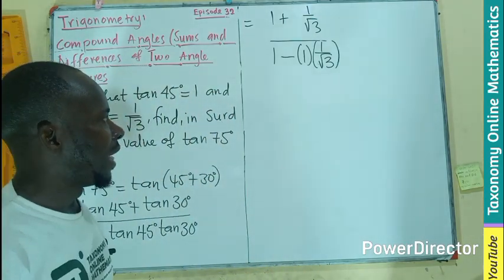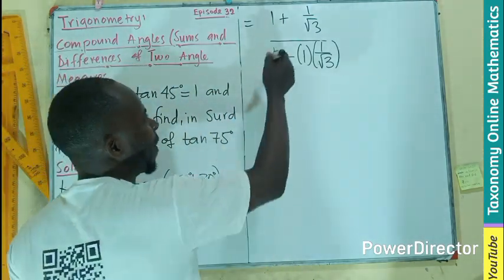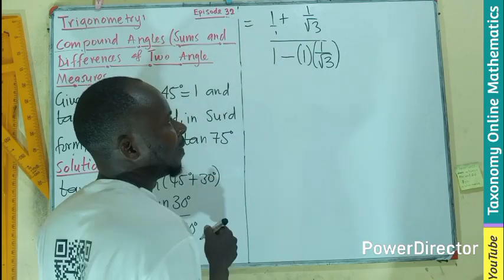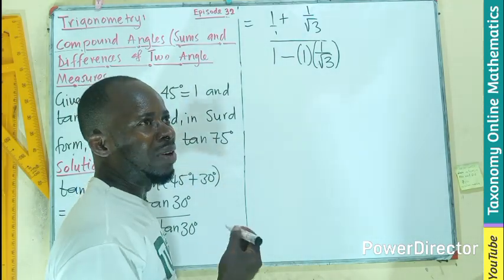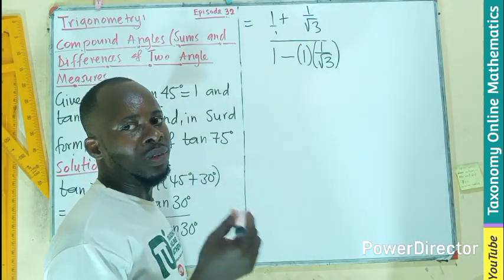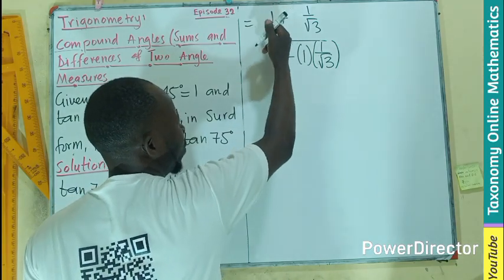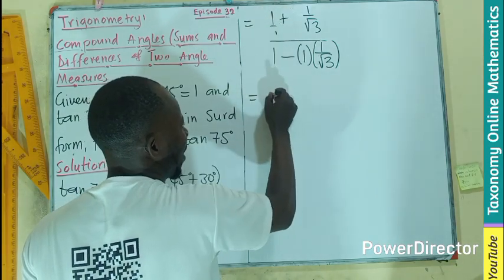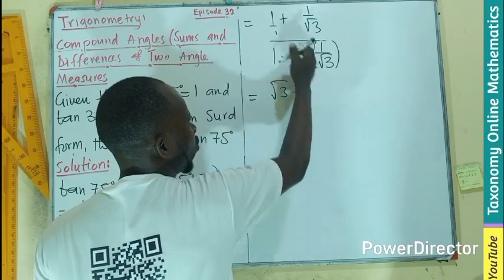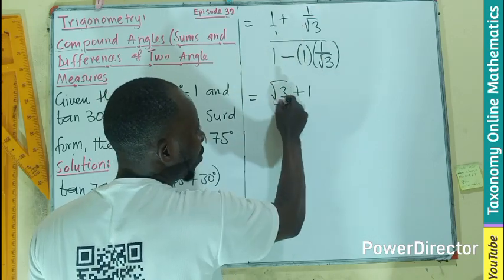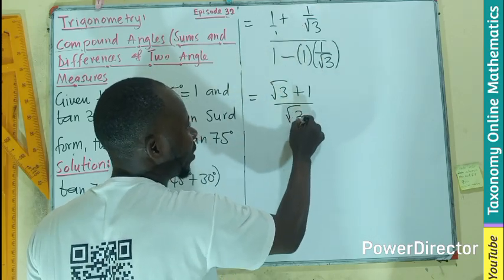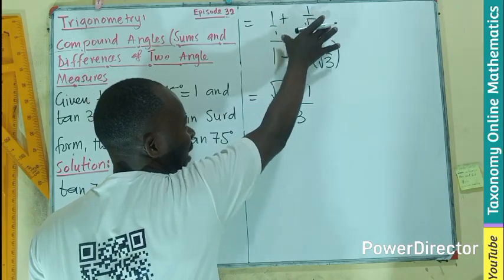So in that case, remember this is also having 1, so we can solve that as having the LCM of root 3. So if we multiply here root 3 over root 3, that becomes the root of 3 plus 1 if you add the numerator, divided by root 3 for the denominator.